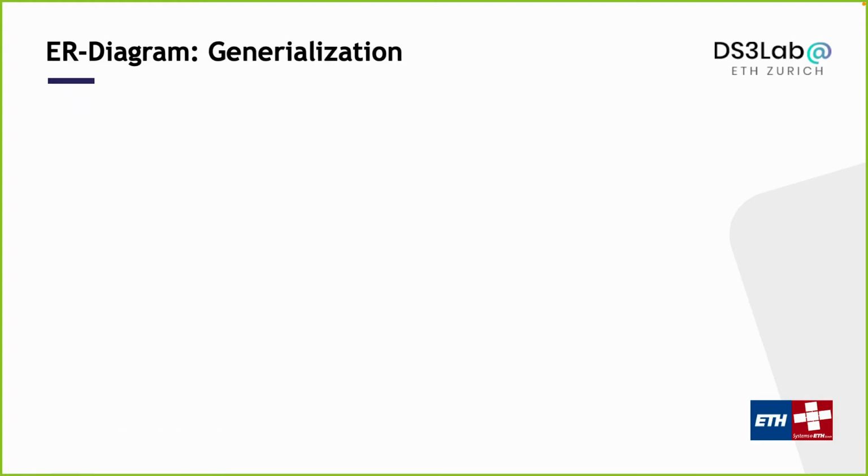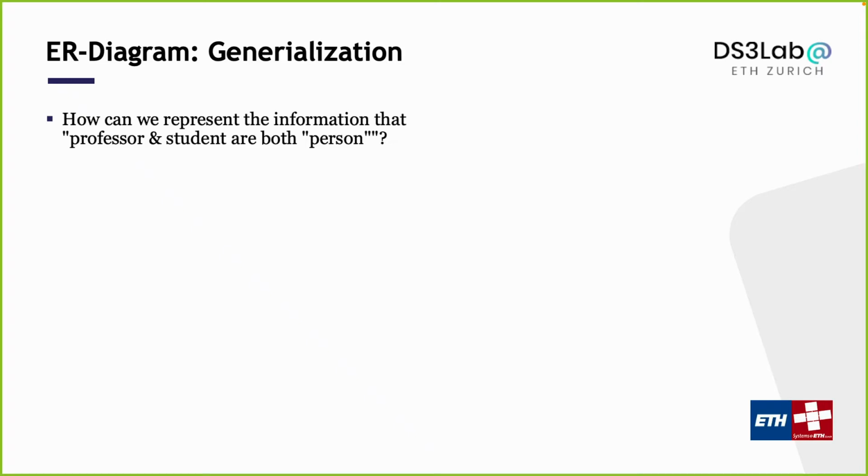Okay. Now we have more in the entity relationship diagram. There's another thing that you can draw in your conceptual model to specify another type of relationship between entity sets, and that is generalization. Here, in our university schema, there are students, professors, and assistants.